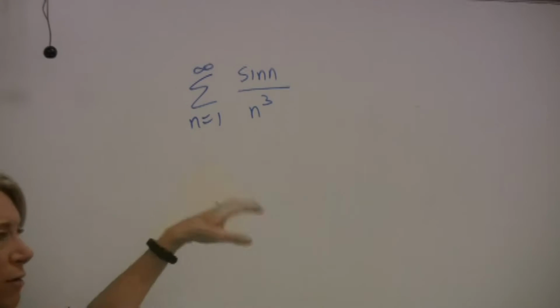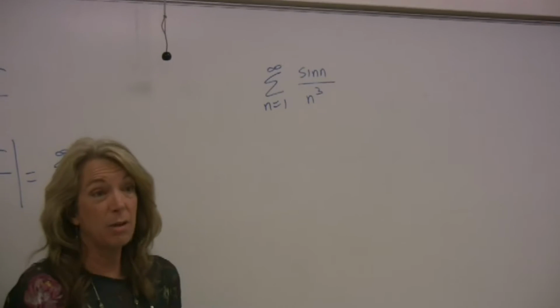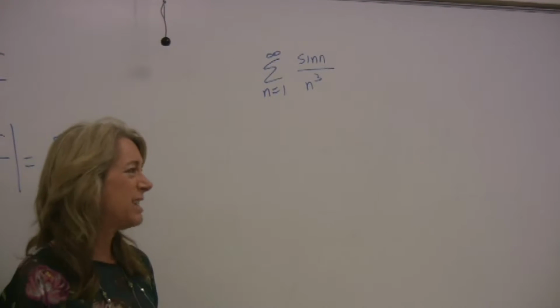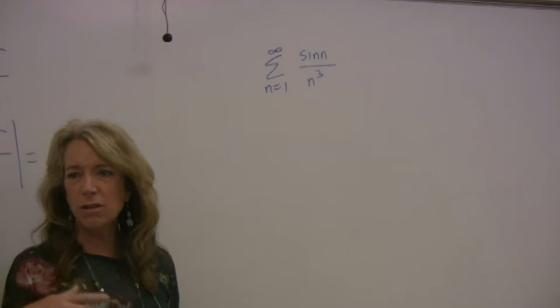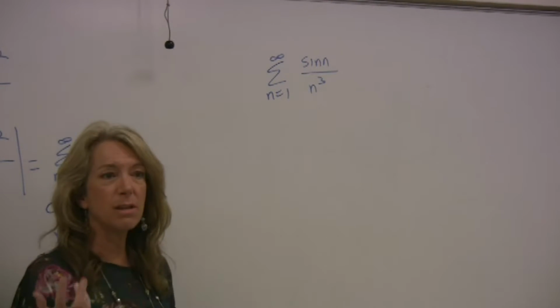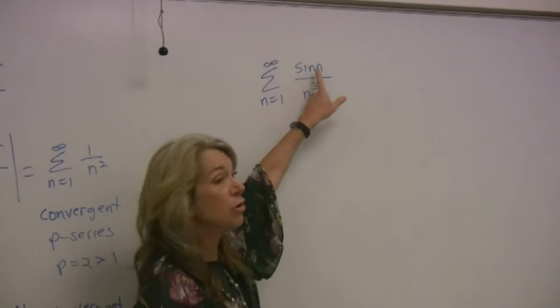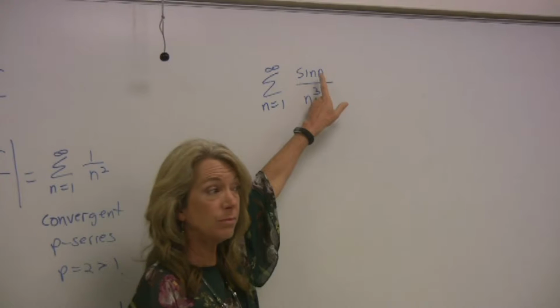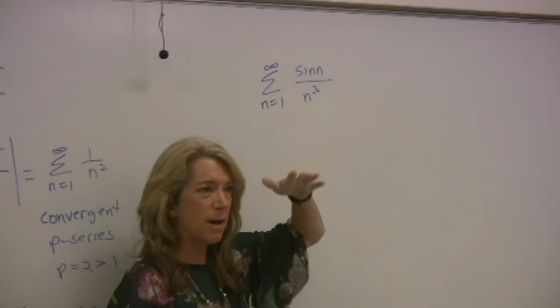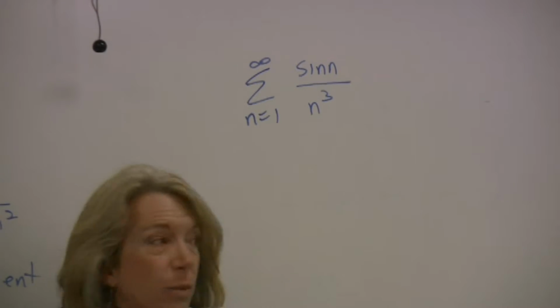If you took the sine of 1, we're talking about 1 radian, I don't know what the answer is. And then the sine of 2 and the sine of 3, those answers are all going to be numbers between -1 and 1. And maybe one of them is 0.8, the other one's -0.6. I mean, we don't know what they're going to be exactly. But these do make it alternate. Weird kind of alternate, like you might have a couple positives and then a couple negatives. It kind of depends on where you end up, which quadrant.